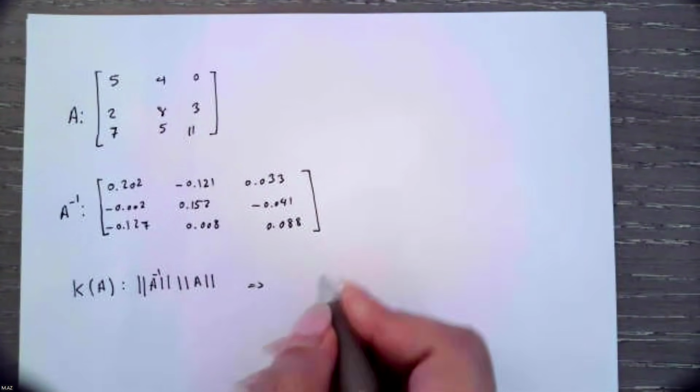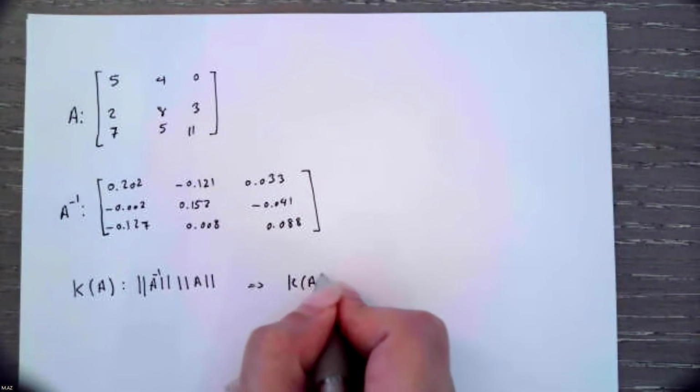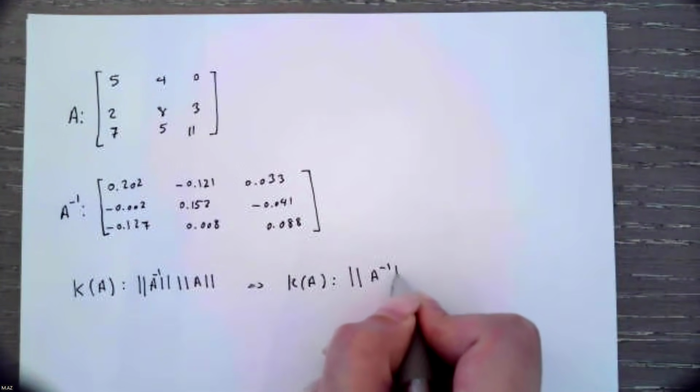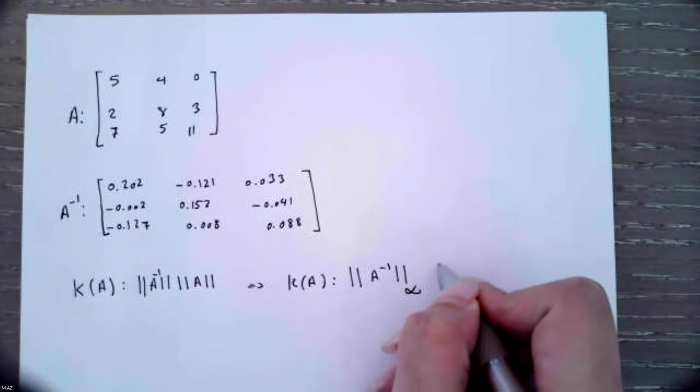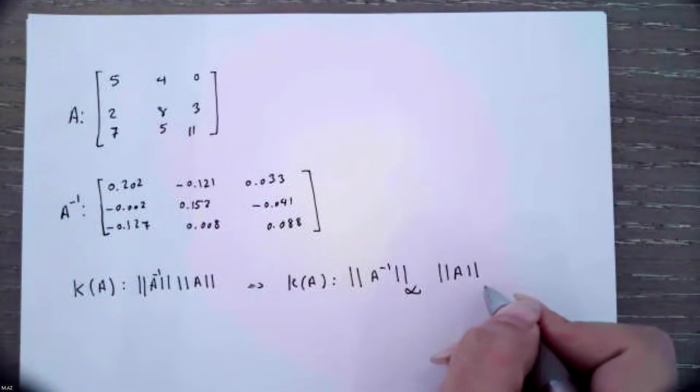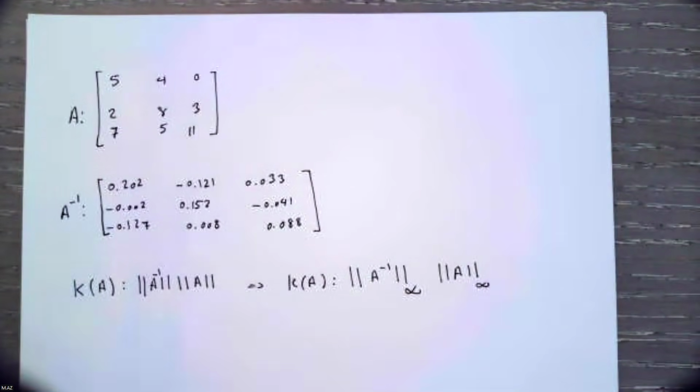If I rewrite it, the conditioning number for matrix A based on the infinity is this one. How can we find the infinity norm for these two matrices?